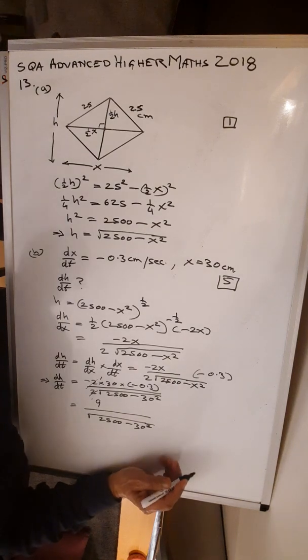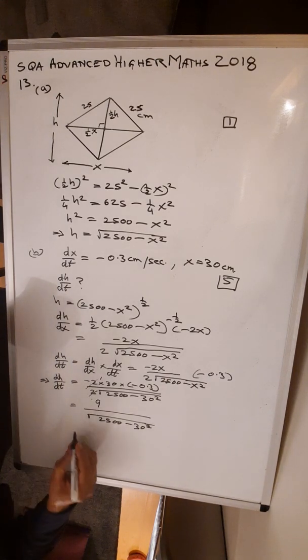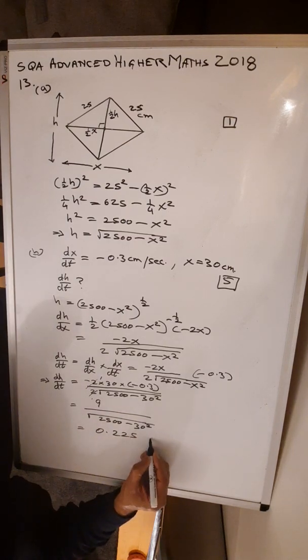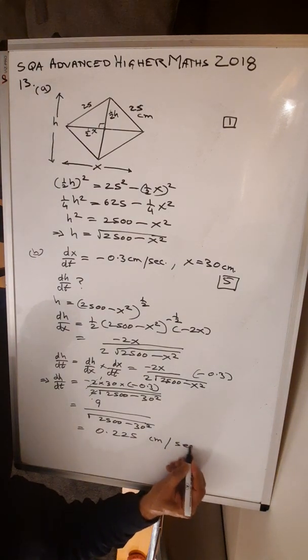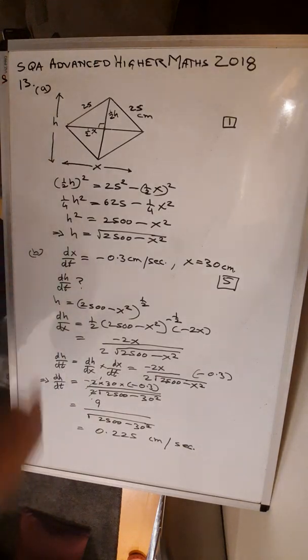Put that into your calculator: 9 over the square root of 1600, and that gives you 0.225 centimeters per second. That's the answer for 5 marks.